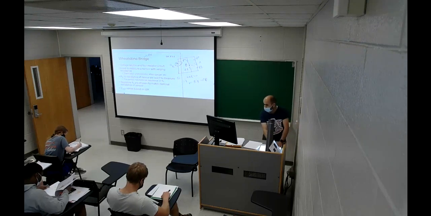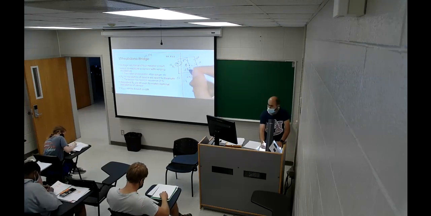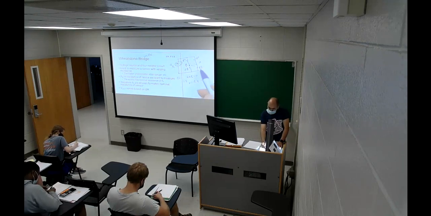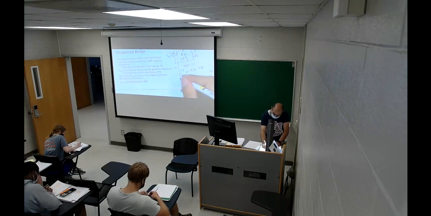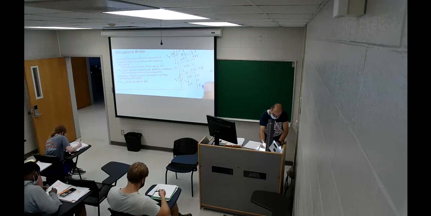Why are we using this? What's the application? We are using this if we want to measure a resistor. One of the applications: resistor measurements. How? If we put three known resistors, and the 4th resistor is unknown, if I say RF, RF, RF, and this one let me call RX.